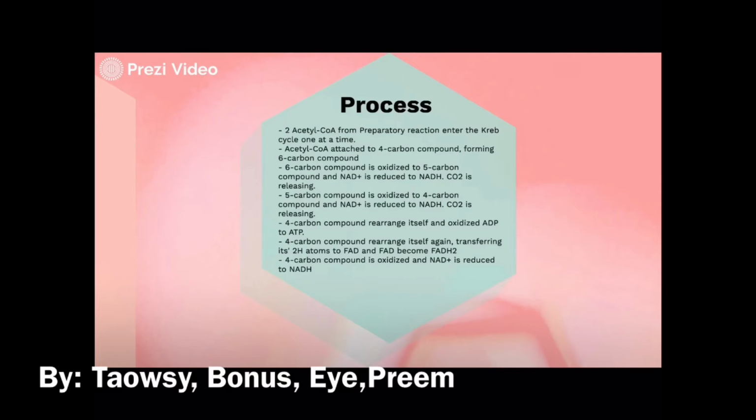And then the 4 carbon compound will rearrange itself and convert ADP to ATP. Then the 4 carbon compound will rearrange itself again, transferring its 2 hydrogen atoms to FAD, and FAD will become FADH2. Lastly, the 4 carbon compound is oxidized and NAD plus is reduced to NADH, and the 4 carbon compound will be reused in the cycle again.